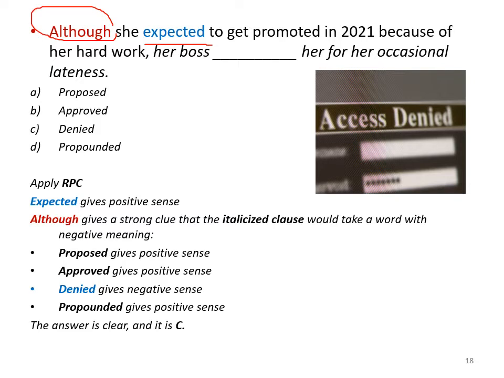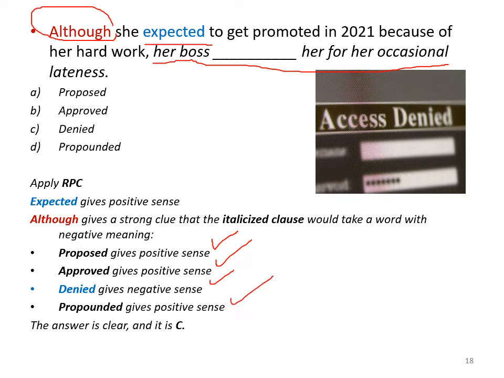Italicized is this, her boss, this one. Yes. Now proposed. Also, what is proposed? Approved, denied, and propounded. Proposed gives a positive sense. Approved gives a positive sense. Denied gives a negative sense, and propounded gives a positive sense.